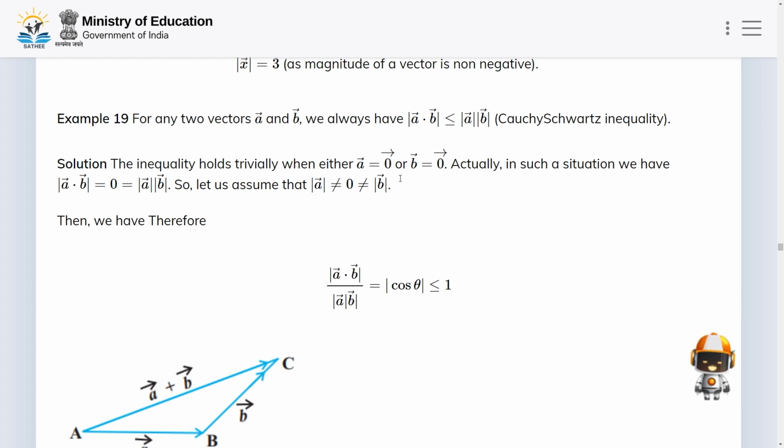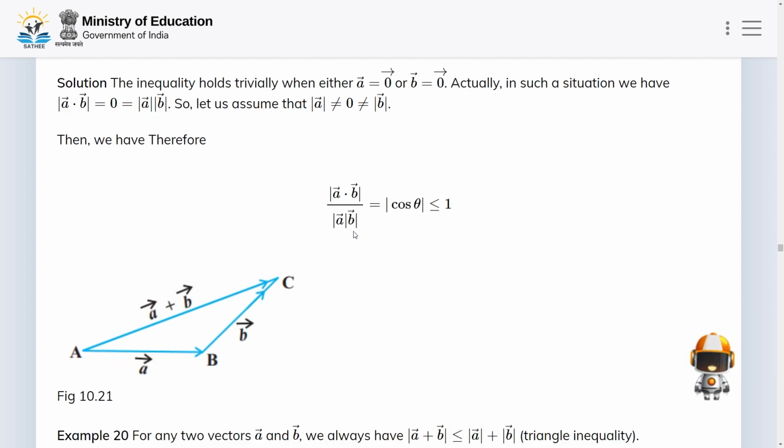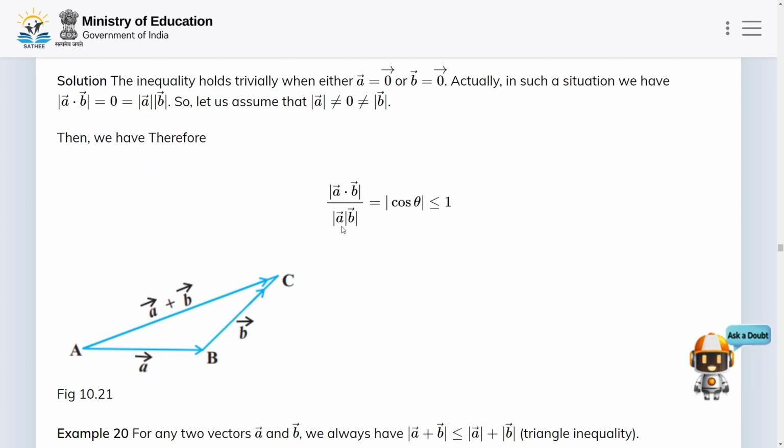Now assume that none of the given vectors are 0, then you can easily find their dot product, their magnitude, and also you can easily divide the absolute value of the dot product by the product of their magnitudes.